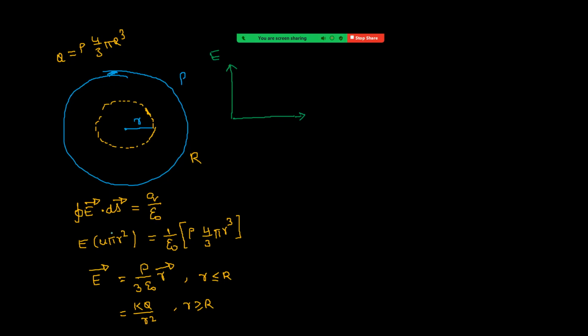It is changing linearly with the distance, so it should be a straight line passing through the origin, up to r equal to R. That means up to the surface it is changing linearly. After that, it is just like due to a point charge.